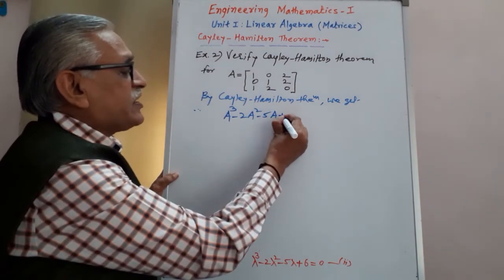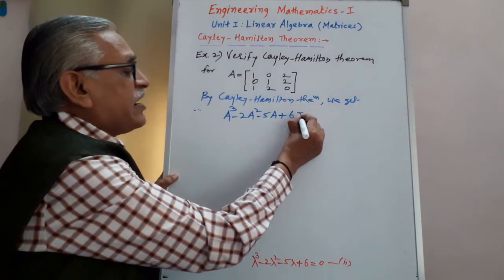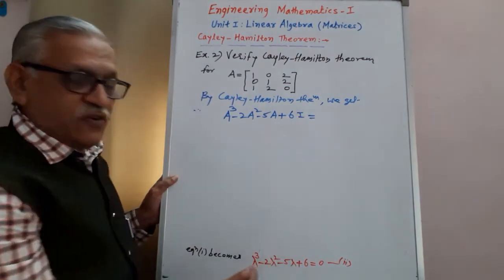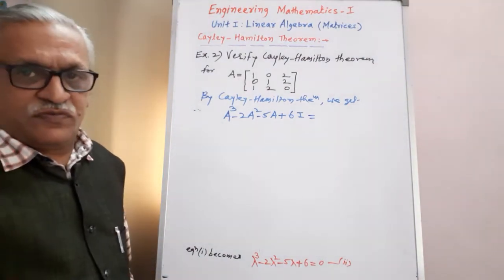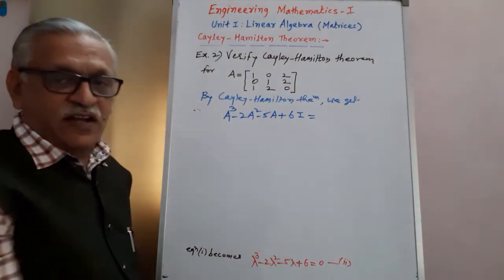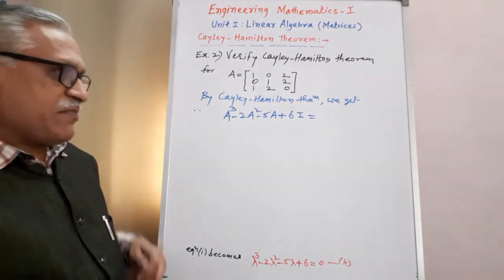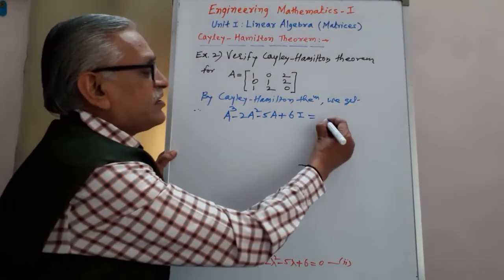That 6 we have to convert into a matrix by multiplying it by the identity matrix, therefore it is 6I. Remember, don't write down 6, then it becomes wrong. Therefore, always convert that constant term into a matrix by multiplying it by the identity matrix. And we call this equation 3.